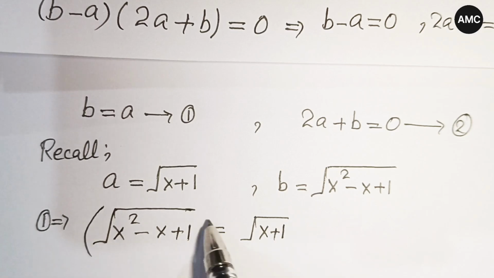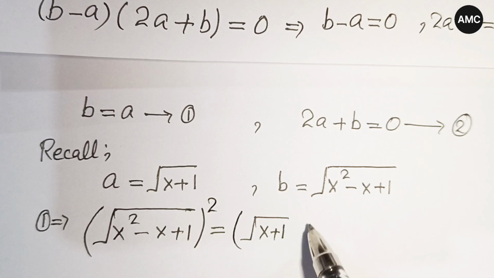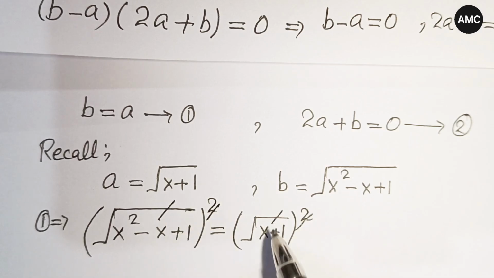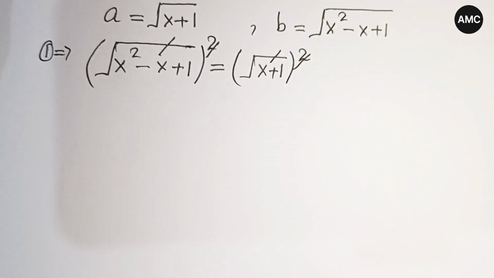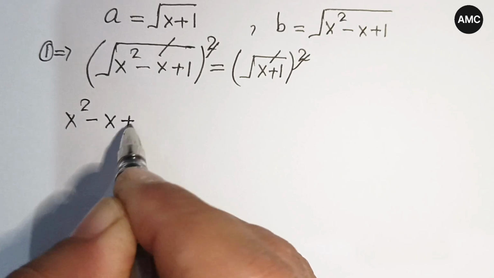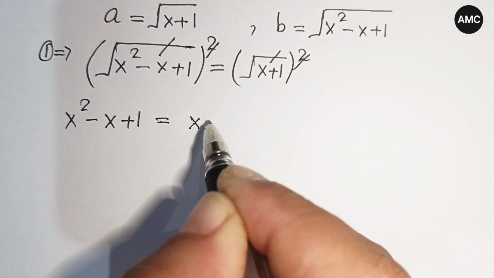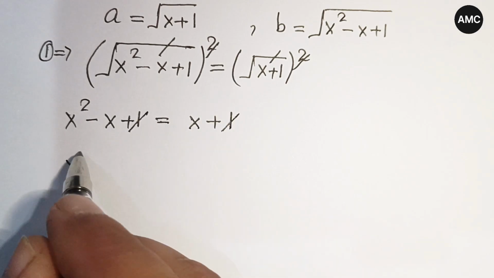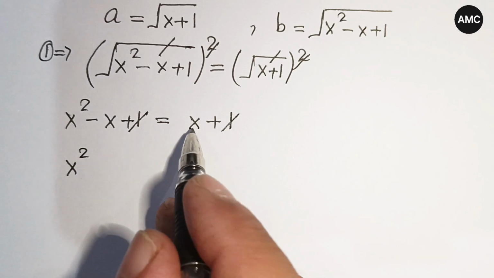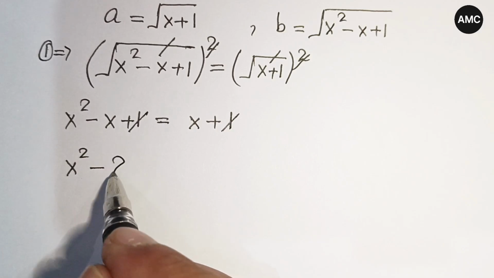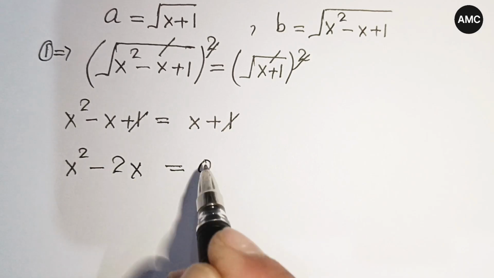Now if we square both sides, the square root is cancelled out on both sides, so we have x squared minus x plus 1 is equal to x plus 1. Now this 1 is cancelled on both sides, we get x squared, this minus x, and if we move it to our left hand side, we get minus 2x is equal to 0.